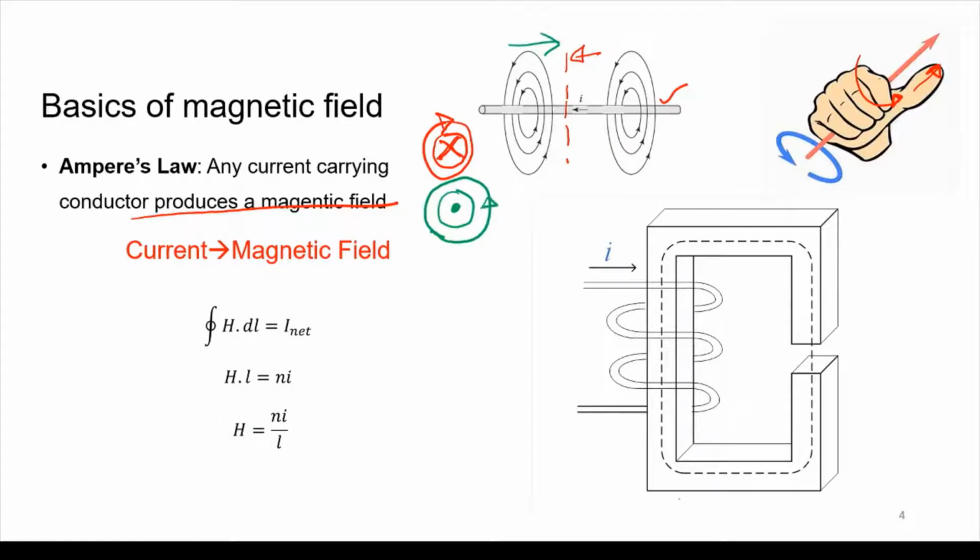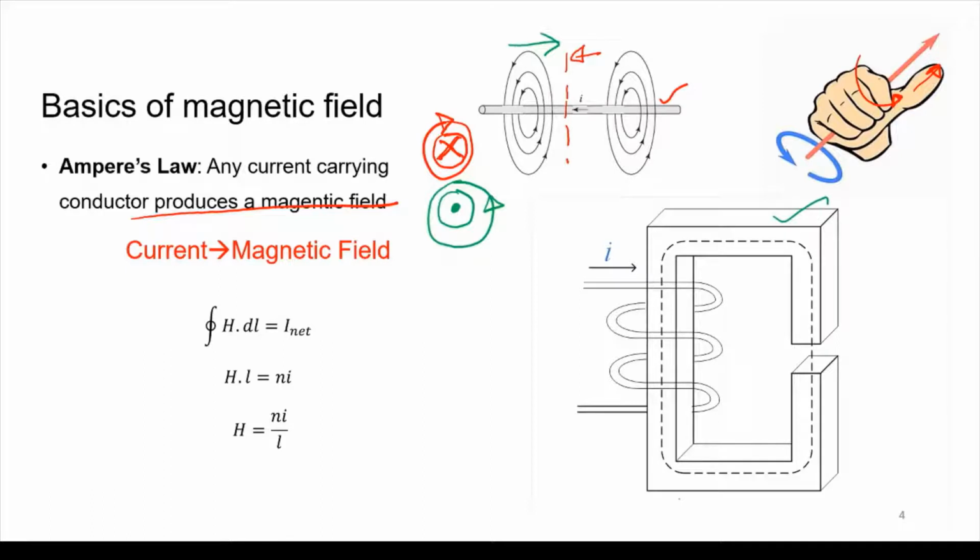And if we have cross section of the conductor with dot as the direction of current, the direction of magnetic field will be like this, anti-clockwise.